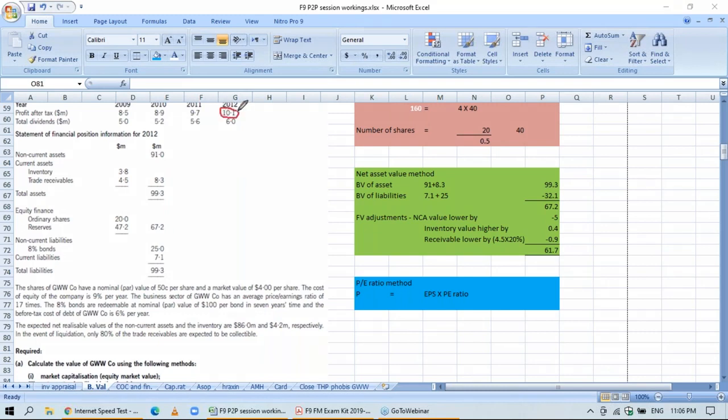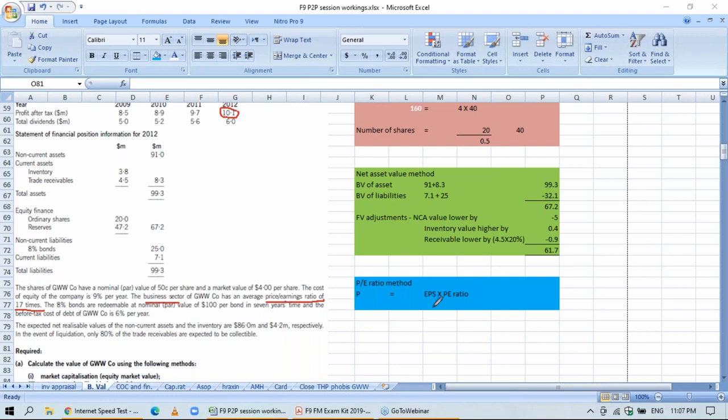Then we need to know the price earning ratio. If you read the second line in the paragraph, which I have underlined in red, the average price earning ratio of the business sector is 17 times.